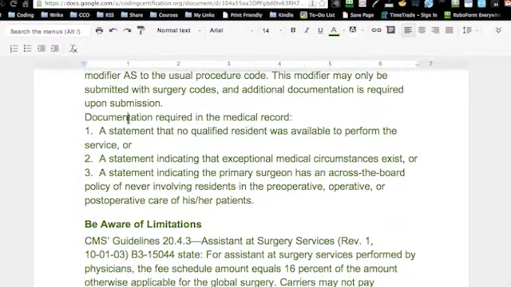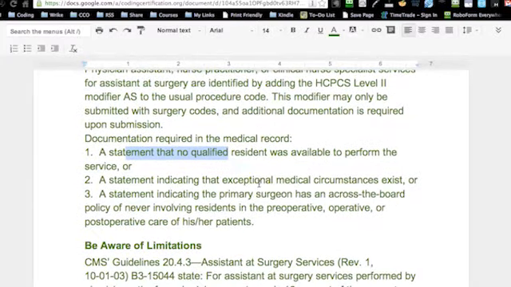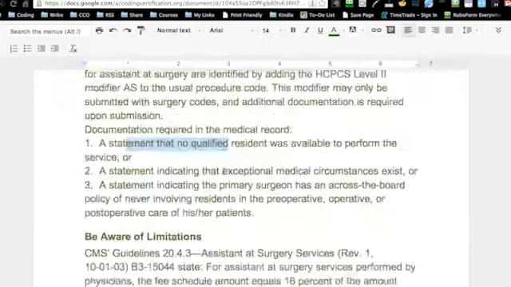And this is the documentation, according to this article, that they're looking for: a statement that no qualified resident was available, a statement indicating that exceptional medical circumstances exist, a statement indicating the primary surgeon has an across-the-board policy of never involving residents in the preoperative, operative, or postoperative care of his or her patients. So, actually, I think that's more for the 82.